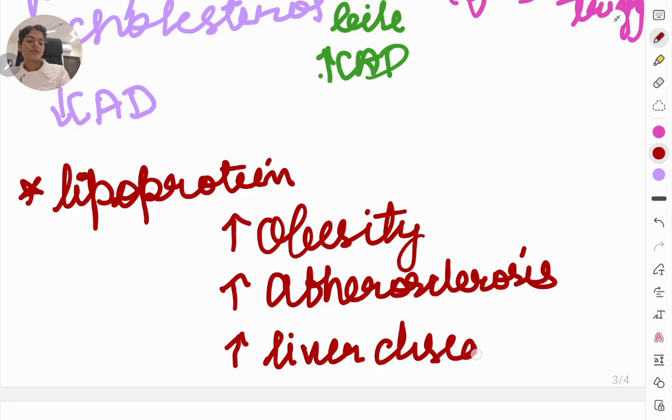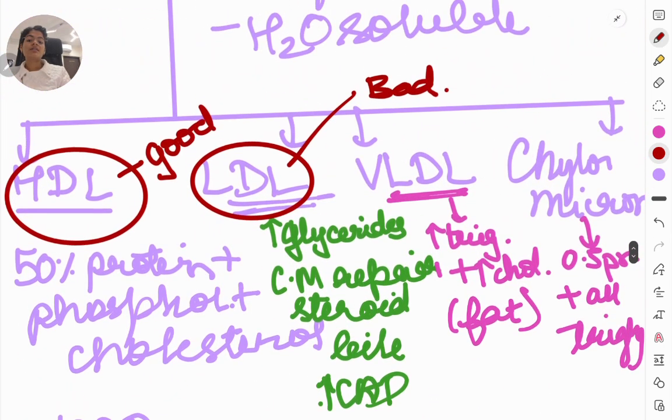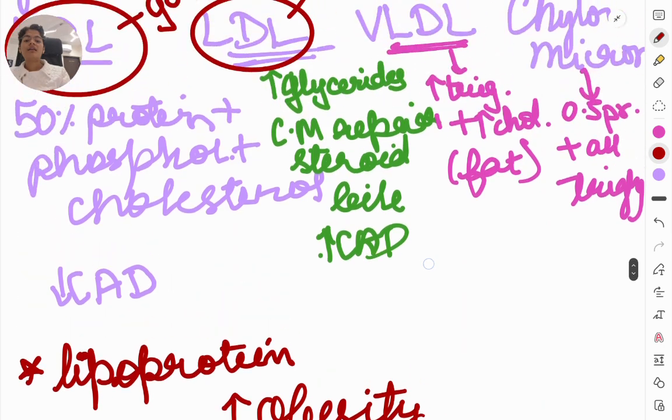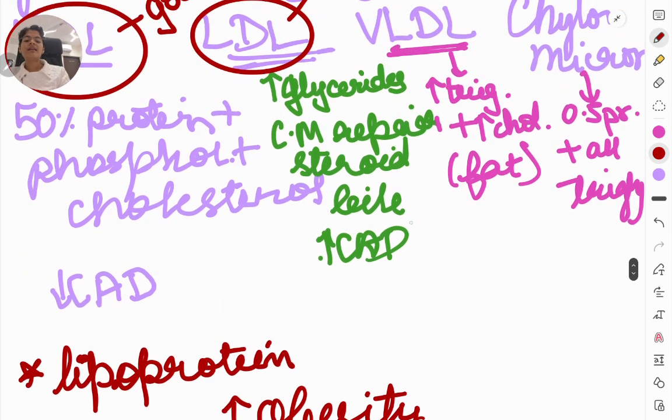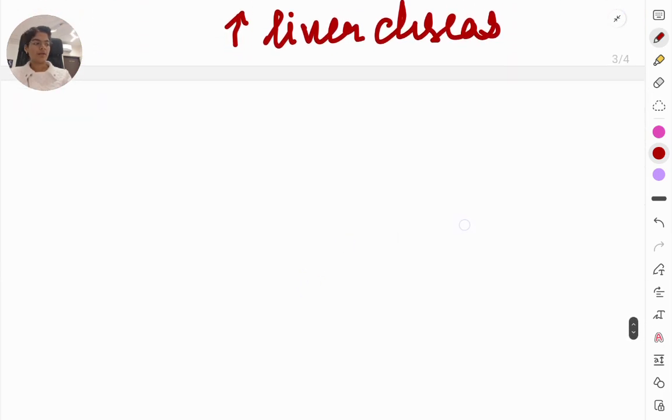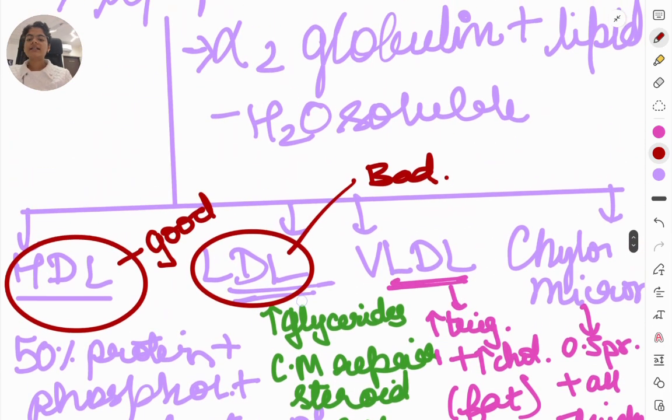Now, I just told you about LDL. How does CAD have more risk here? Because there is a blockage of the arteries. A plaque is formed if LDL increases. Okay, so now let's see the next one.